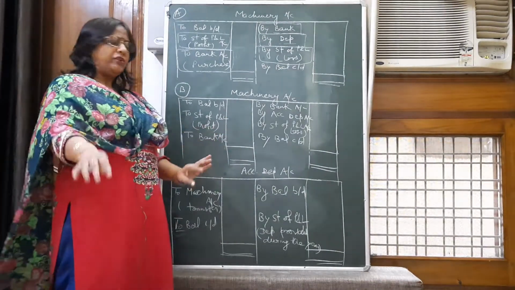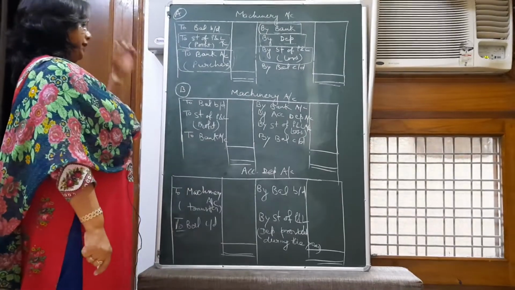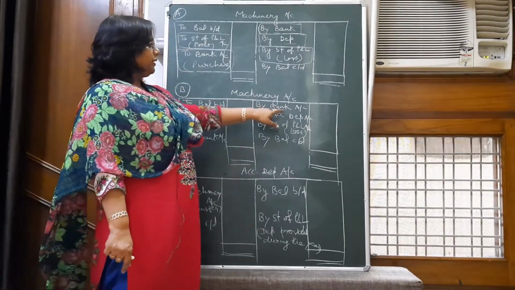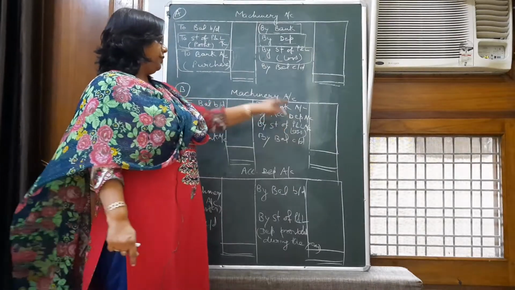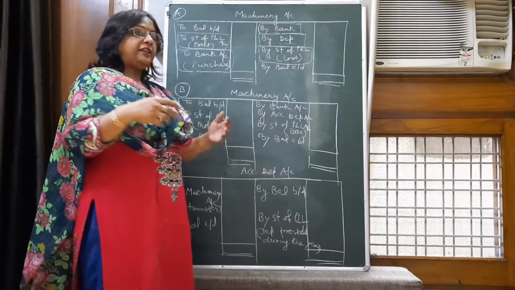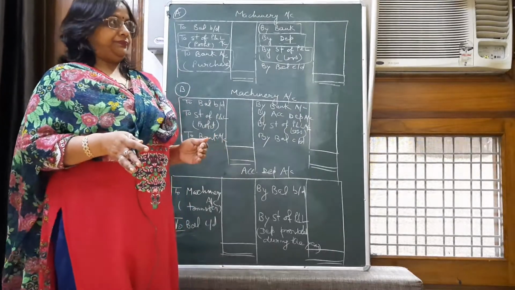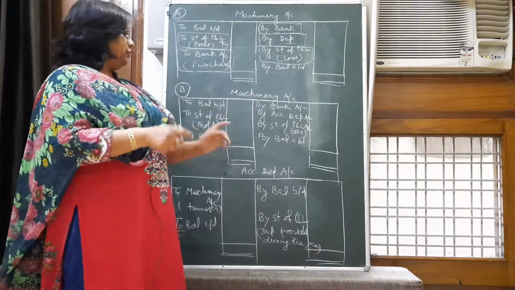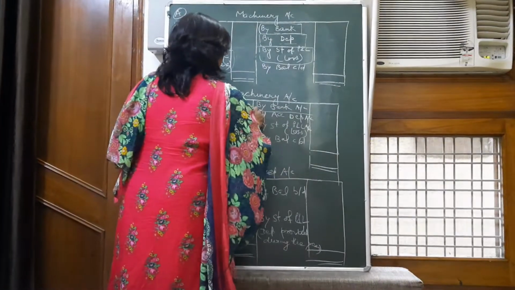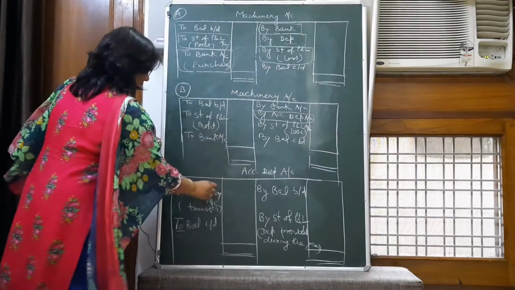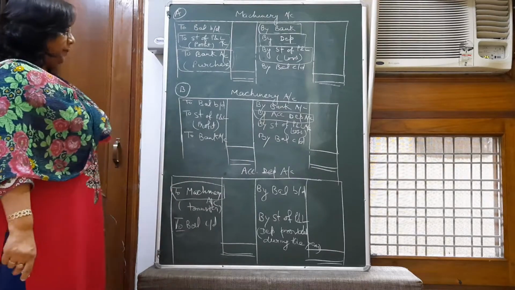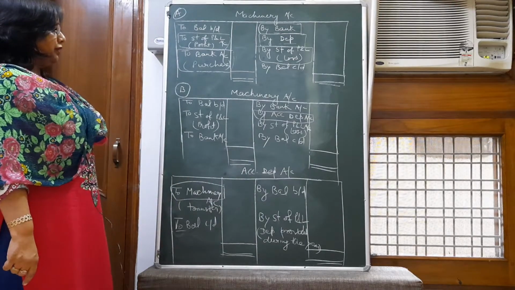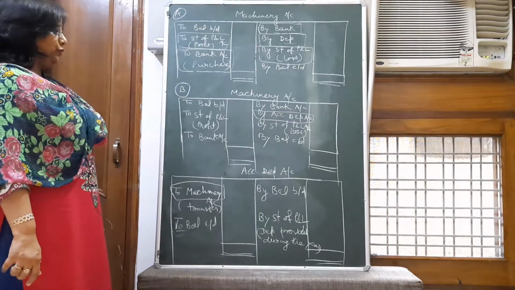Hereby, these things you will post. After that, if you sell the machinery during the year, that is by bank account in the machinery account. And second thing, if you sell the machinery, you have to make a transfer entry. That transfer entry is posted in debit of accumulated depreciation account and credit of machinery account.